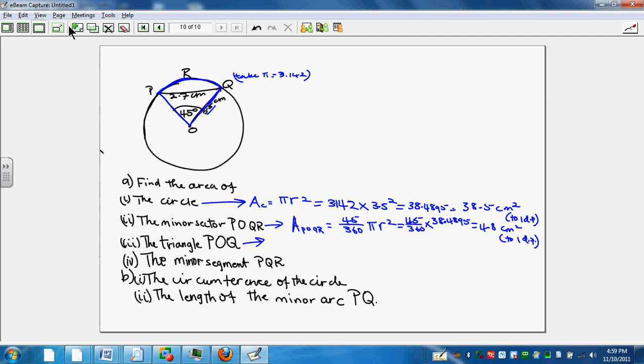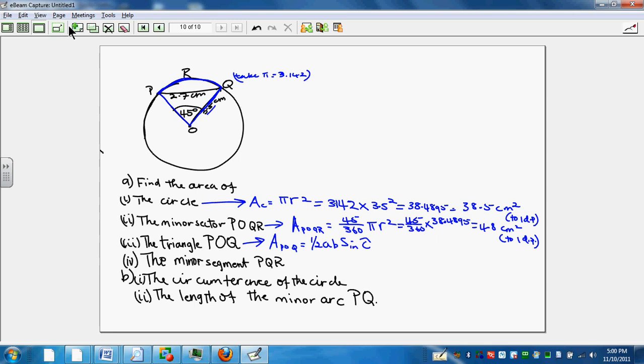The equation that we will use for the area of the triangle POQ is a half AB sine C, where A and B are the lengths of any two sides and C is the angle included by those two sides.